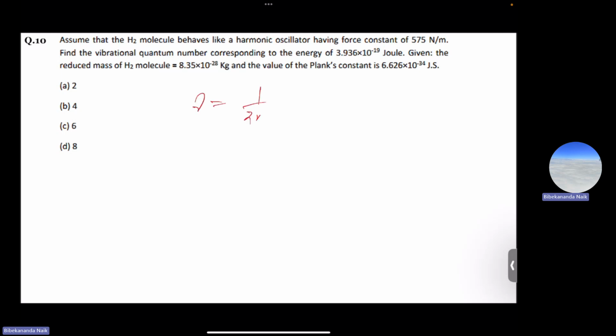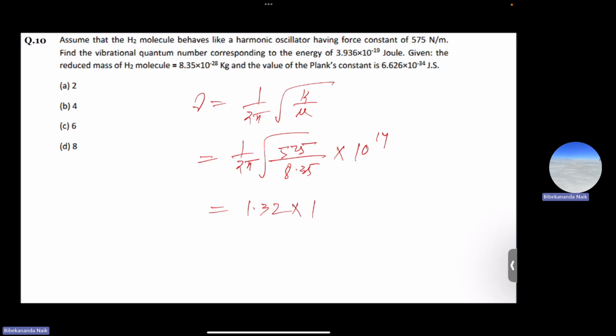It is 1 by 2 pi root over k is 575 divided by mu is 8.35 into 10 to the power minus 28, and if you calculate it, it will come out to be 1.32 into 10 to the power 14 hertz.